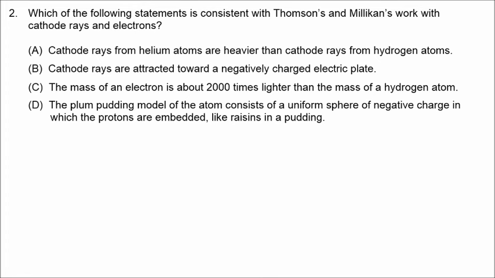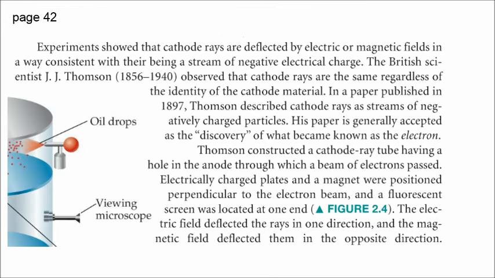Number 2, which of the following statements is consistent with Thomson's and Millikan's work with cathode rays and electrons? So before we take a look at these 4 choices, let me call your attention to page 42 in your textbook, and I'll highlight this sentence that says that J.J. Thomson observed that cathode rays are the same regardless of the identity of the cathode material.